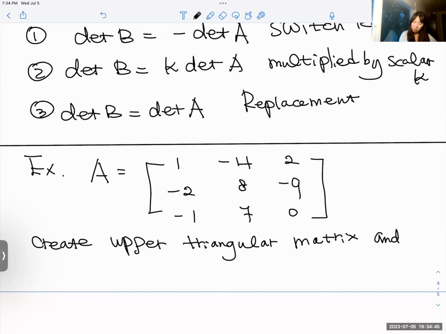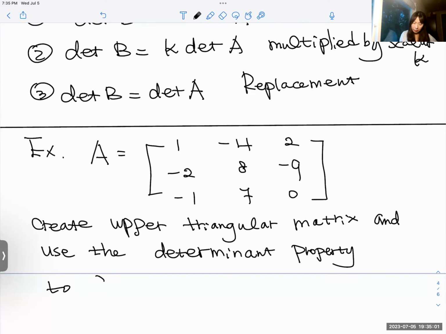And use the determinant properties to find the determinant of it. How about that?